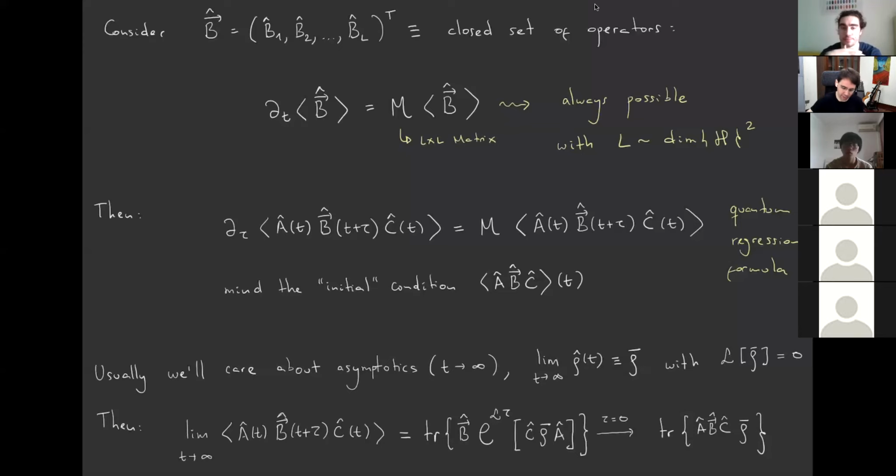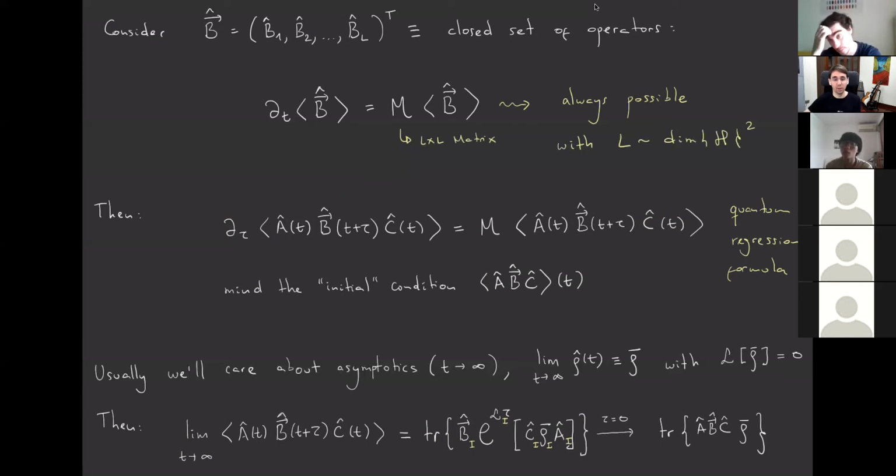So what I am saying is that you can also evaluate the two-time correlation function in the picture that you like the most, and in particular, you will have exactly the same expression. So you just have to change the operators to that intermediate picture, the state to that intermediate picture, and the Lindbladian, so the master equation, to that intermediate picture. So if you change everything to the intermediate picture, then you are okay. You get the same kind of object.